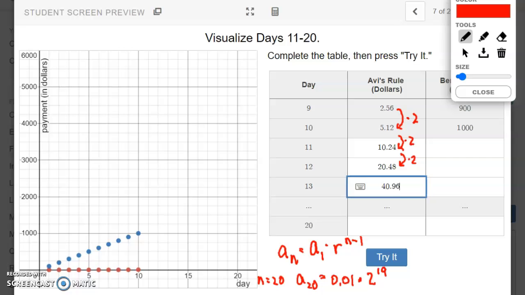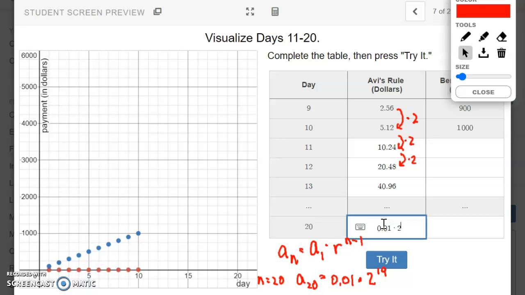So I can enter it as it is, and it will do the calculation for me: 0.01 multiplied by 2, my common ratio, all raised to the power of 19. And if I enter that, it's going to give me $5,243.